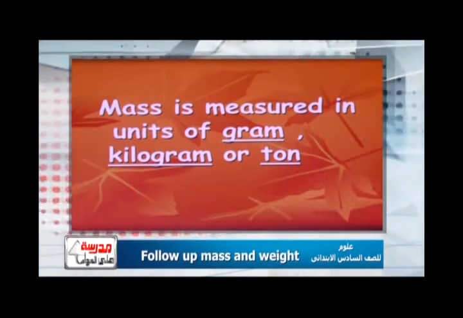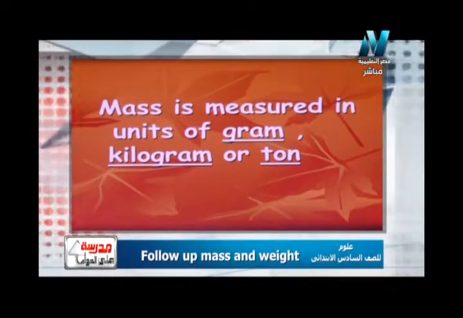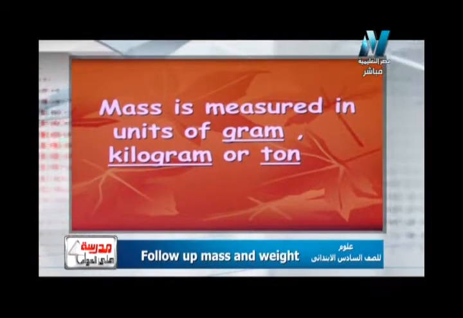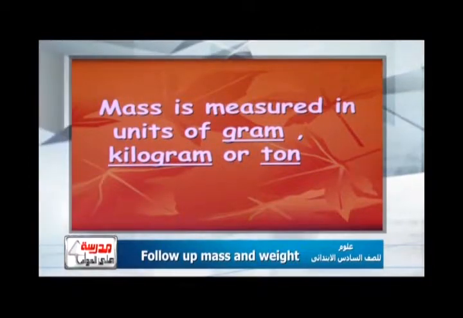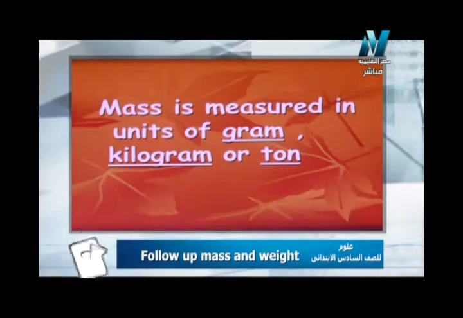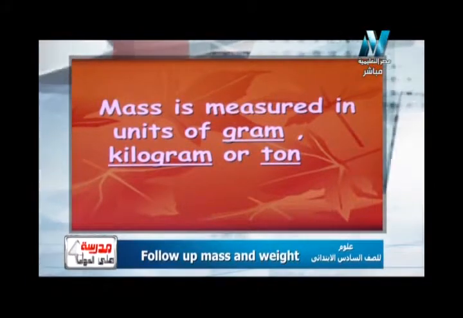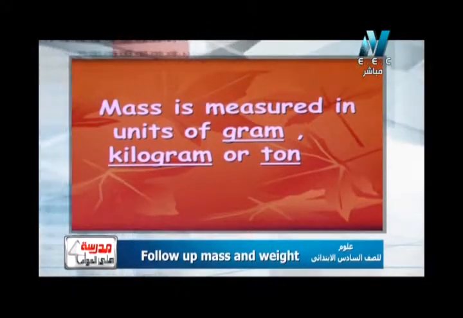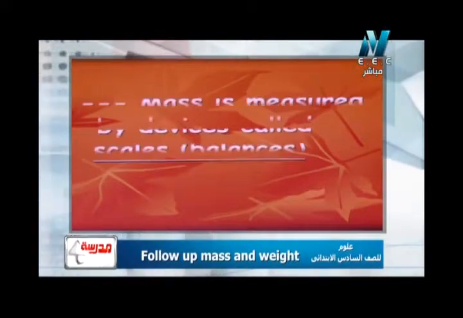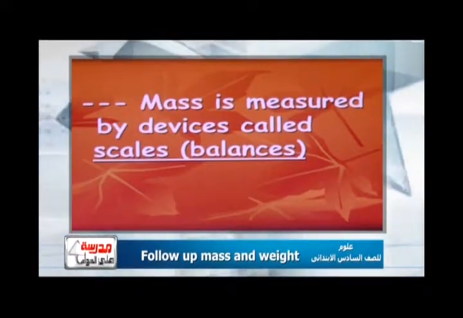Kilogram is for bigger masses such as fruits and vegetables, and ton is for even bigger masses such as blocks of iron, the mass of cars, the mass of huge animals such as elephants, and so on. So again, mass is measured in units of gram, kilogram, and ton.